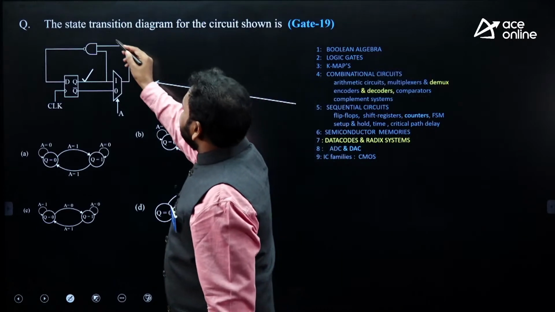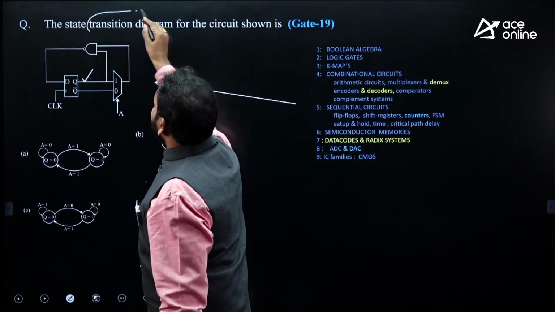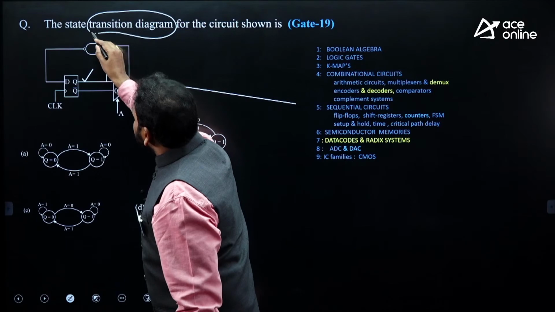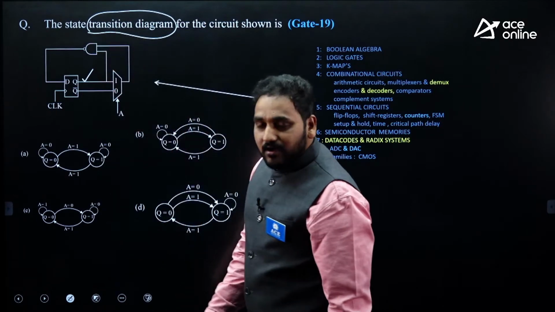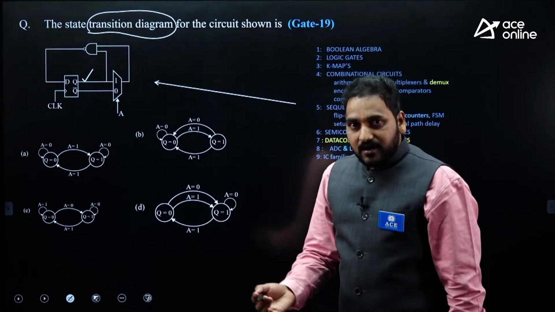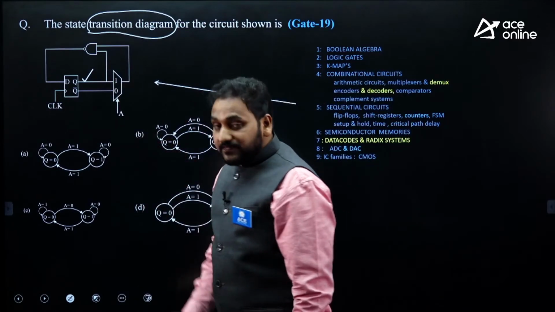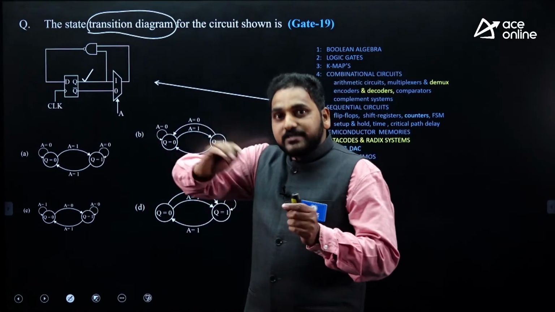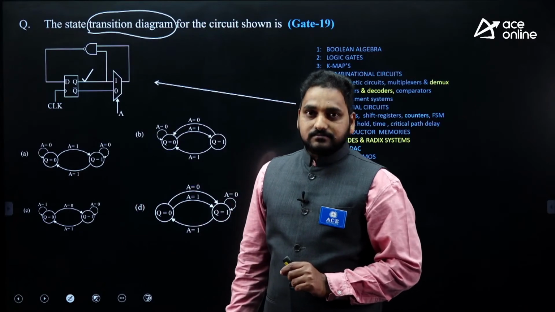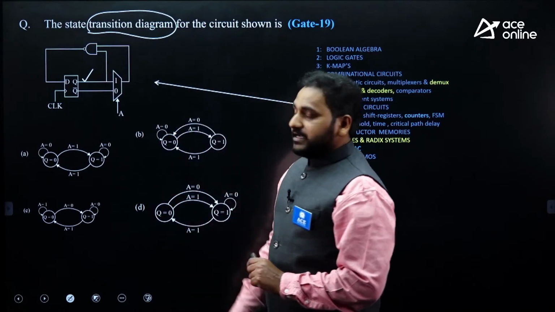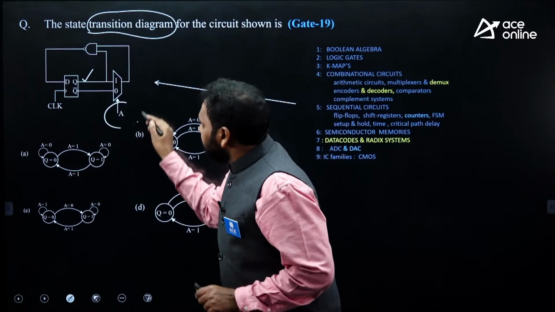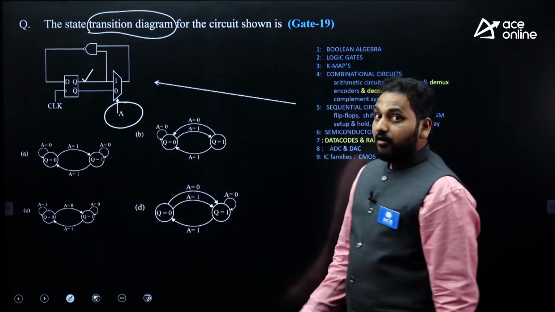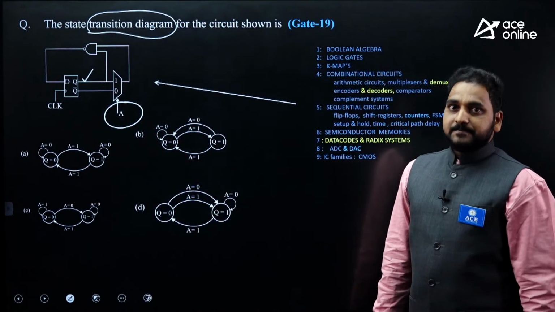The state transition diagram. It is about the state diagram. State means the output of a flip-flop, how it is going to change. And who will decide it? Control line. That is a variable or select line A of the given multiplexer.